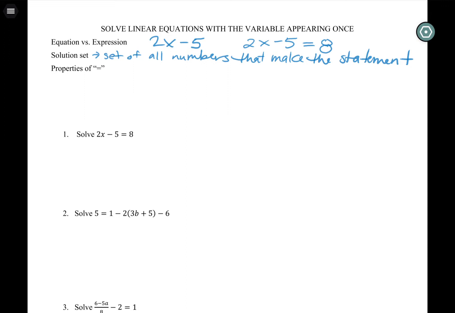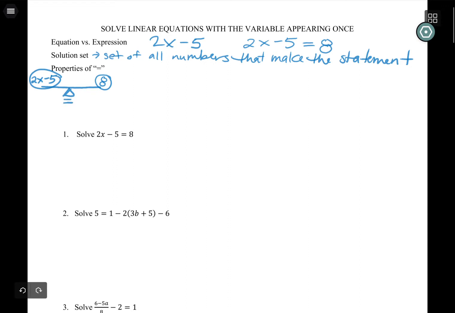So we're going to rely heavily on a couple of properties of equality, properties of this whole equal sign business. So if you have a statement, what we're looking at up above, this 2x minus 5 equals 8, I've always really liked the visual of balance. We have balance, right? So we have 2x minus 5 is equal to 8.